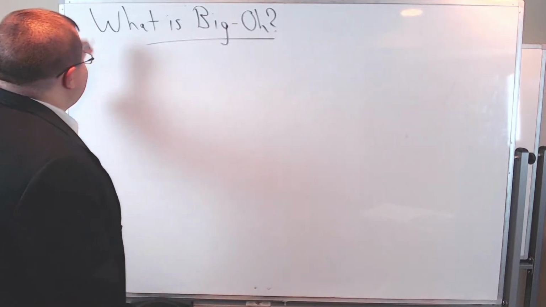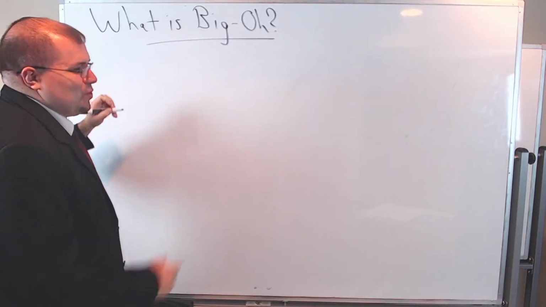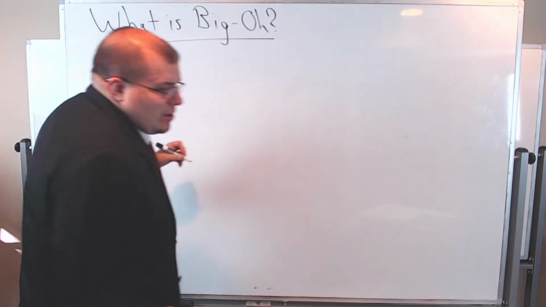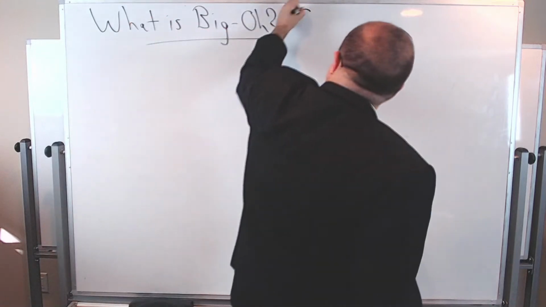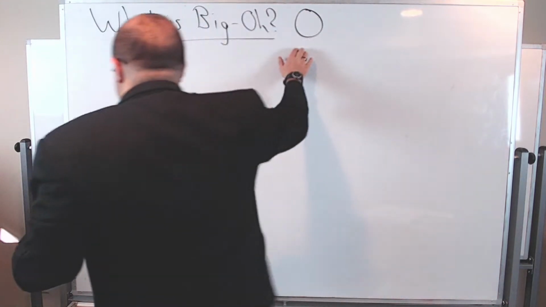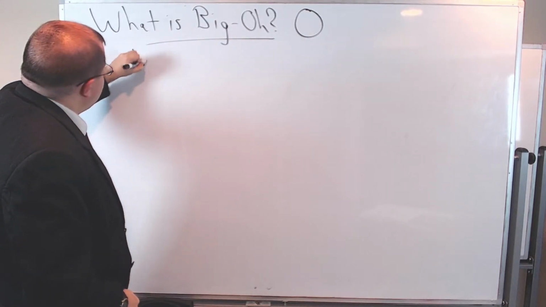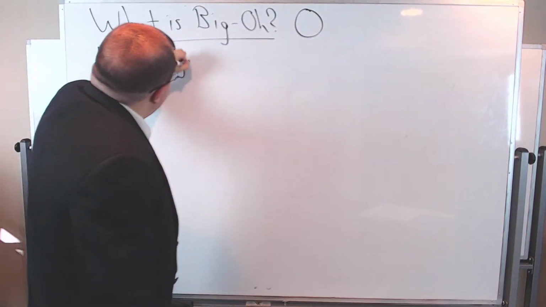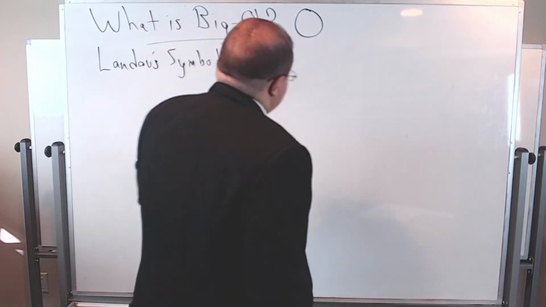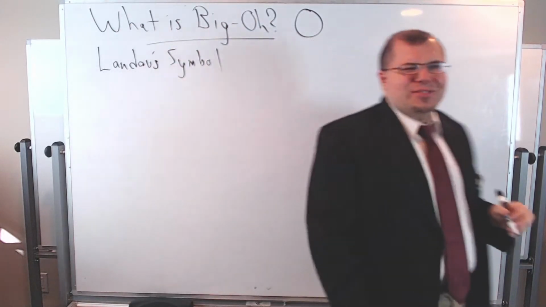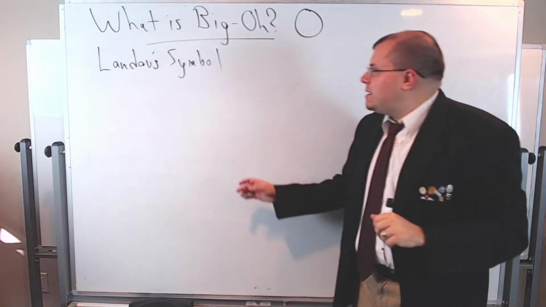So let's get started here. What's big O? Oftentimes, if you talk about big O, it's signified with literally a big O. Some people call this the Landau symbol. It was developed in the late 1900s, if my memory serves me correctly.